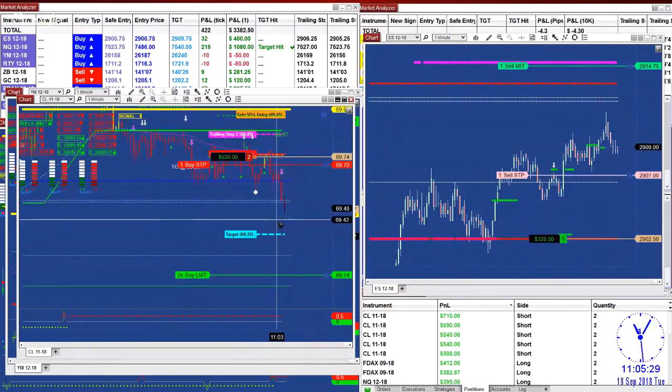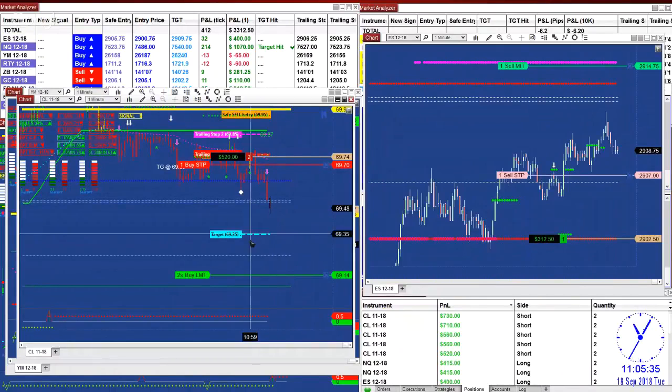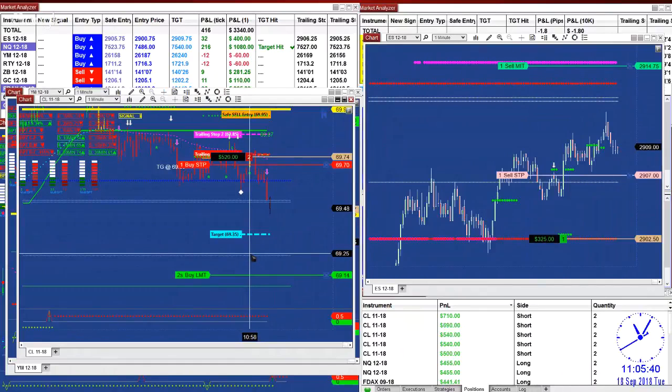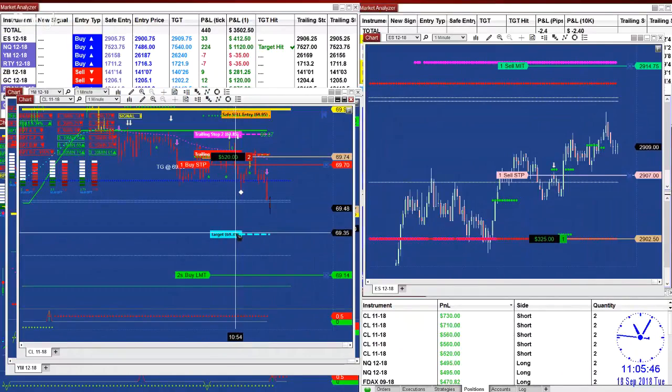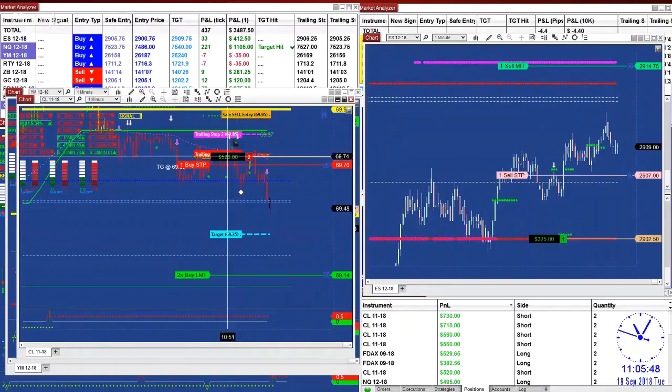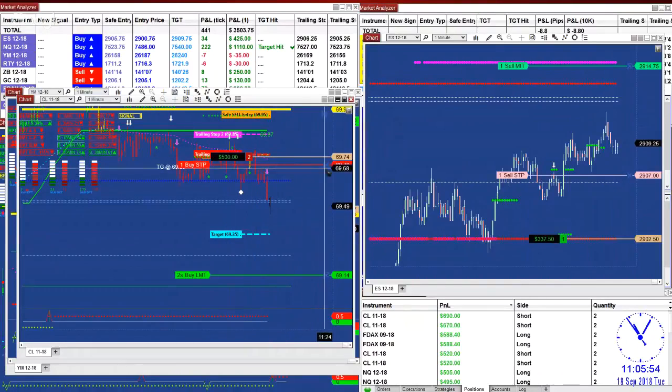So now the problem here, the double support line: if we break this double support line, there is a good potential for 69.24. So there is a lot of bread in it. But if you are on a fully automated system, you're going to be exiting at 69.35. Now, the market analyzer is based on one contract, but I'm using two contracts on the ATM strategy.